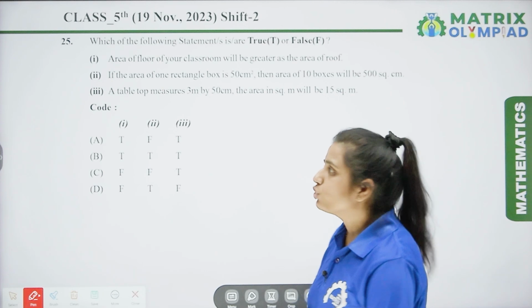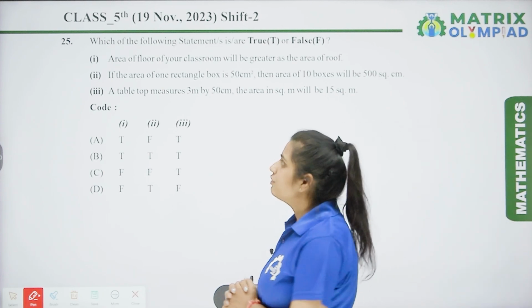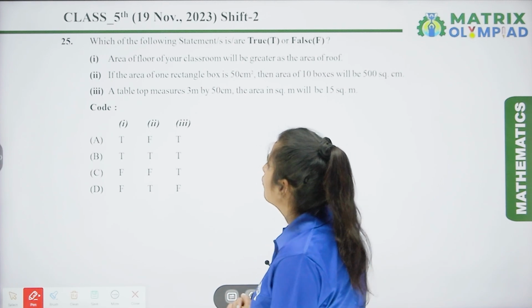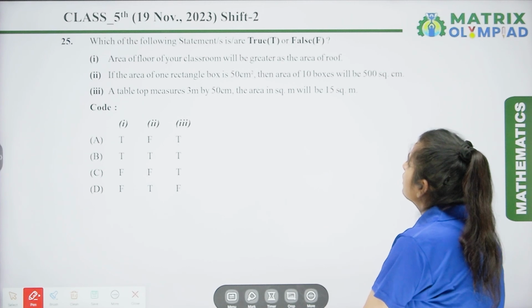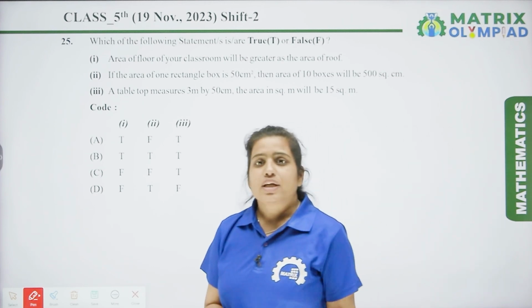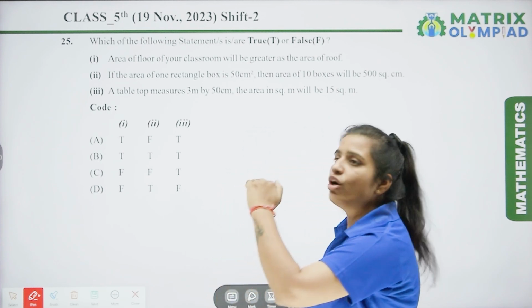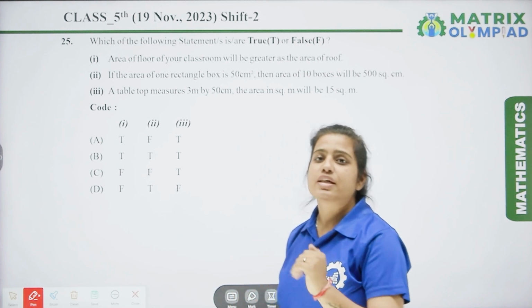Now the next question is question number 25. This is again a true-false question. Now the first statement is, area of floor of your classroom will be greater than the area of roof. So this statement is false, because area of roof and area of floor is equal.